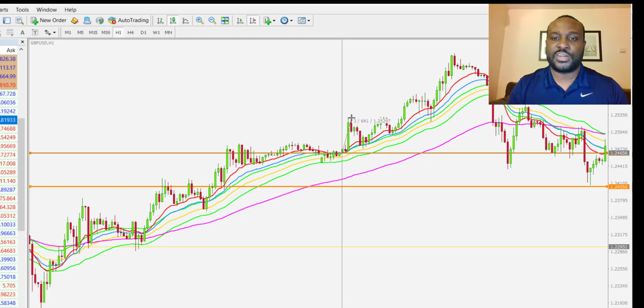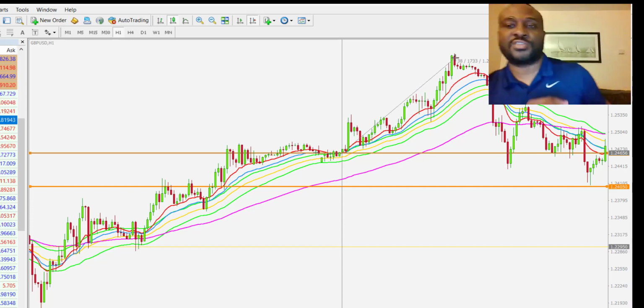Even by here, it was already 1-to-1. The price came down, did not get to our starting point even, and touched again. At this point, it was already 1.5-to-1. And if you still held on to that trade, you're looking at almost 3-to-1.